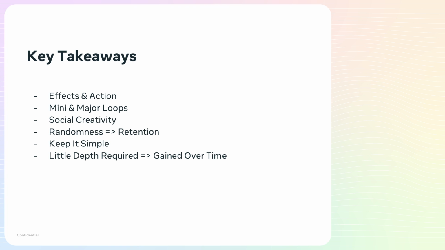Social creativity: allow users to define the experience. Don't be too strict on what the experience is. I had an example I was going to share, which was if you're building a card game and you don't want anyone else to see the cards, so you make it so only the user sitting at that booth can see their cards.